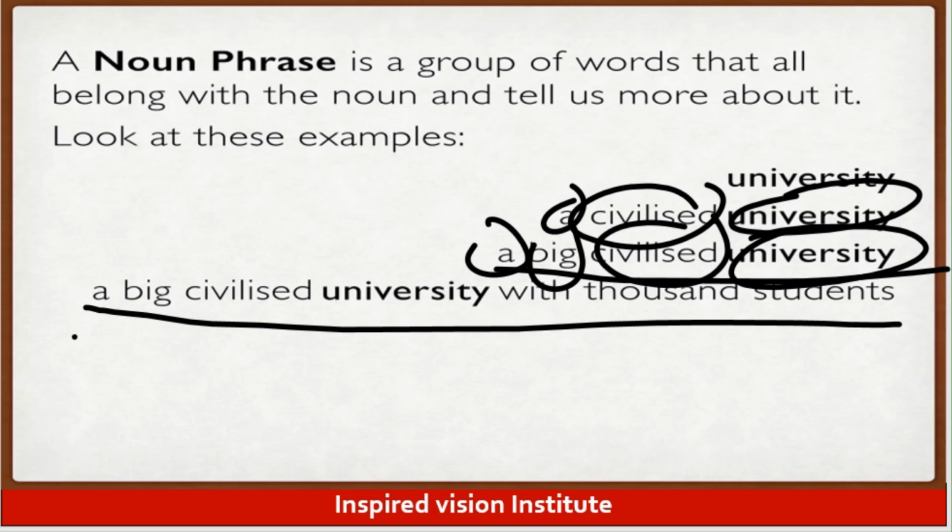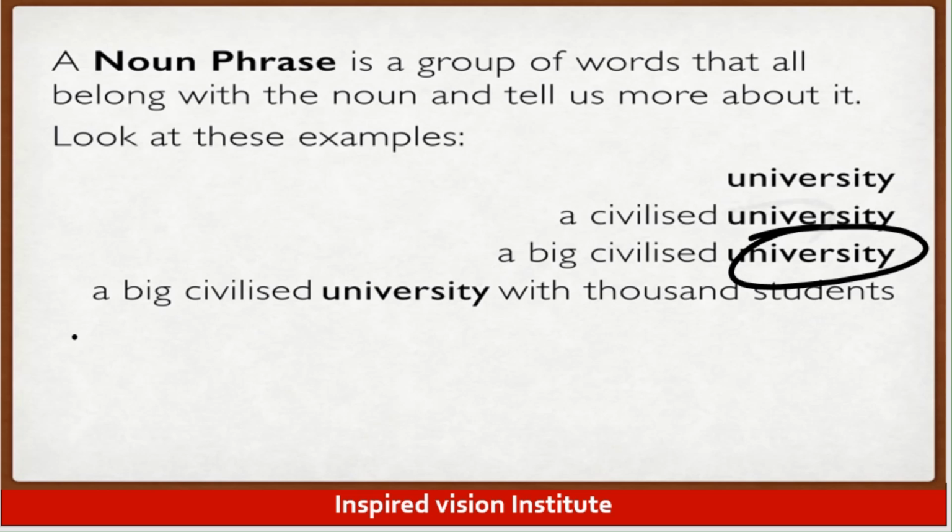So the main thing to understand here is what is repeating. If you see every part of these phrases, what is the common thing? That is university. University is here, university is here, and university is in the last sentence as well. So the main thing is university, which is a noun.